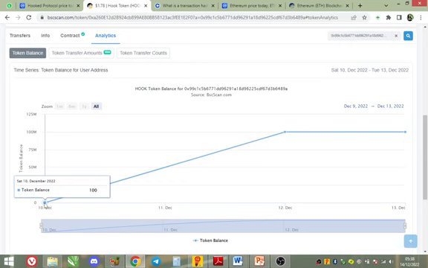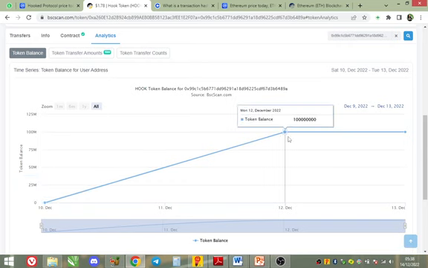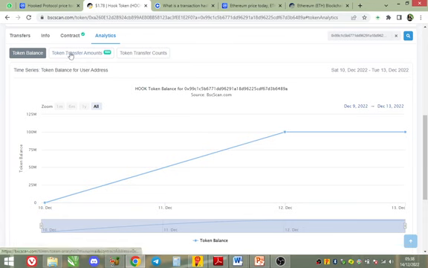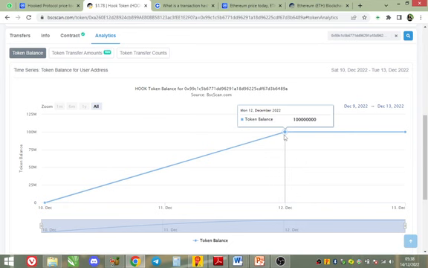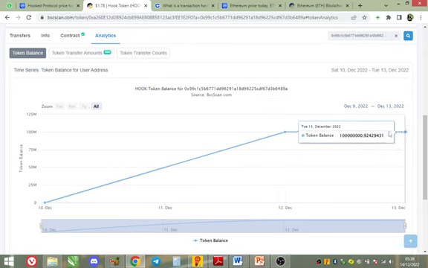It was holding 100 of this token until December 12th, when it bought. When we get to the transaction, the token transfer amount or the token transfer count, you will see that on December 12th, which is on Monday, he purchased 100 million worth of the token.